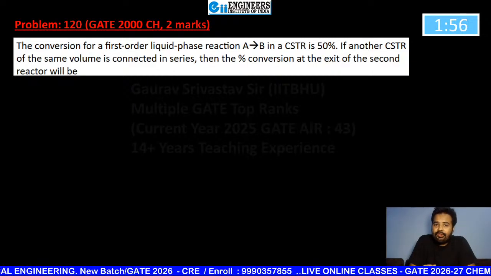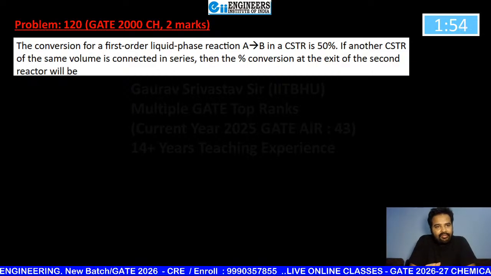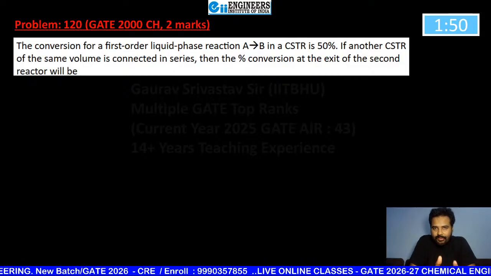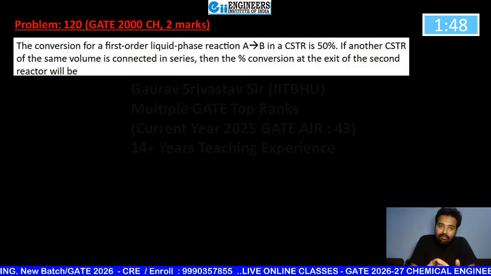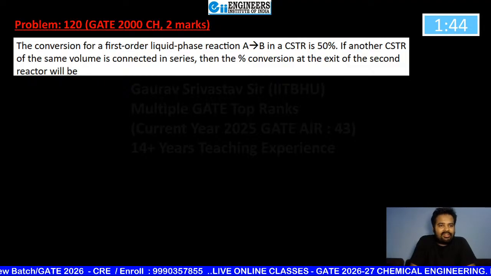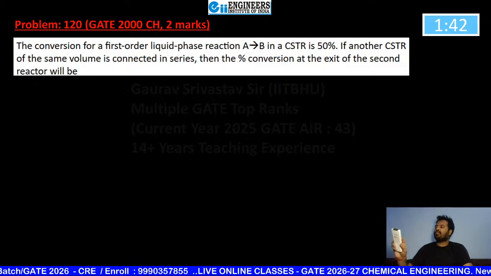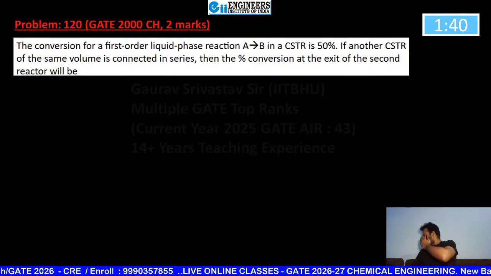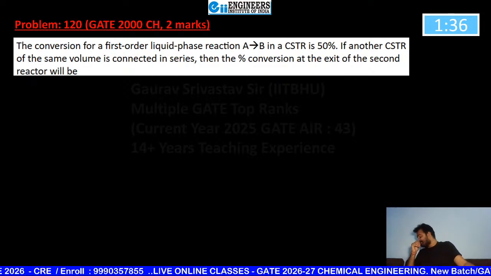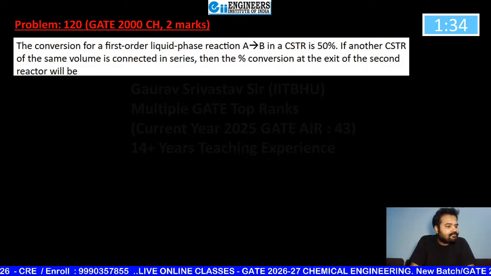Conversion for a first order liquid phase reaction in a CSTR is 50%. Now they are asking, if you attach one more CSTR of the same volume in series, then what is the percentage conversion at the exit of the second reactor? Tell me.